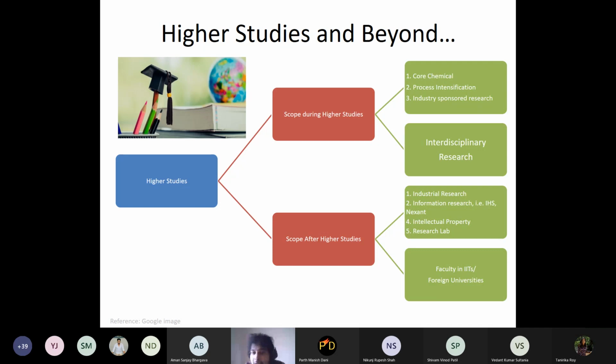You can have real-time process optimization if you bring a model. Those kinds of capabilities are there, and that needs specialized skill sets, specialized understanding. So during higher studies you will get all these kinds of areas to explore. While you are doing higher studies, the project is a very important part.